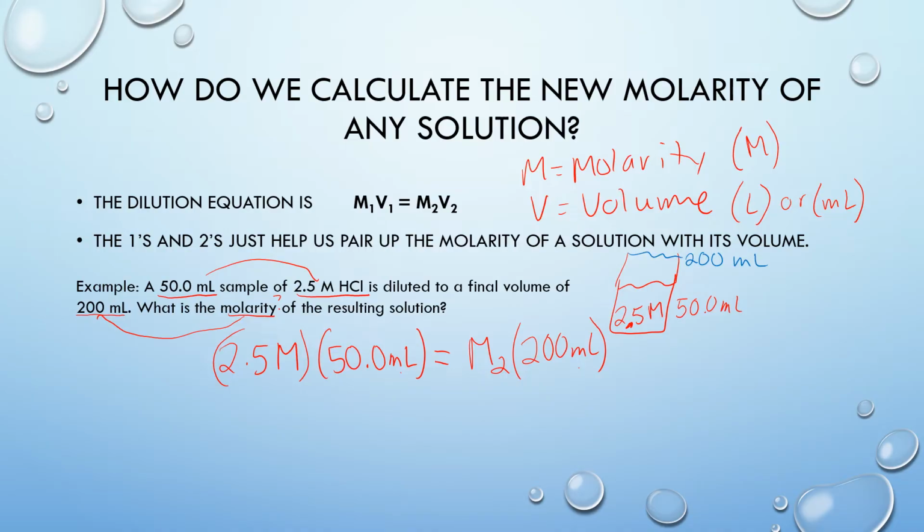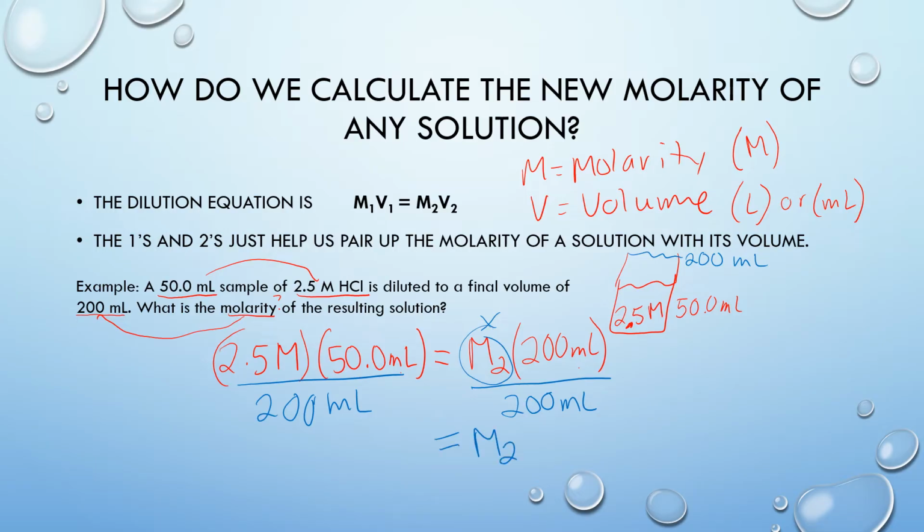So now that we have this set up, we're basically solving for M2. You can think of it like solving for X. In your algebra classes, you've done the same thing. So we want to isolate that variable. So the next thing we're going to do is divide by our 200 milliliters on both sides. And then we can calculate.